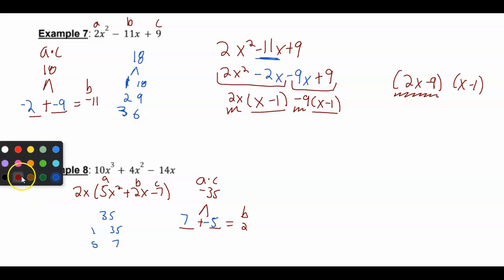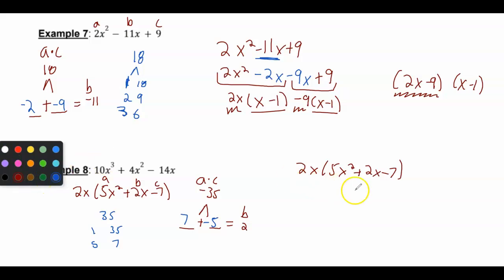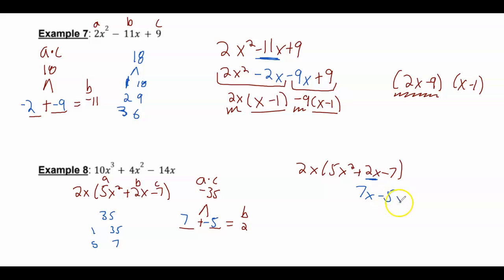Then when I go to rewrite this, I need to remember to write my GCF that I pulled out. I'm rewriting 2x as 7x minus 5x. Factoring out a 7.